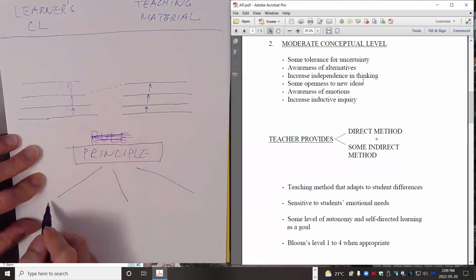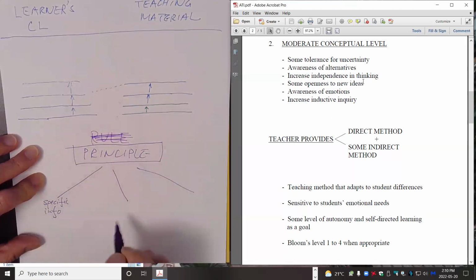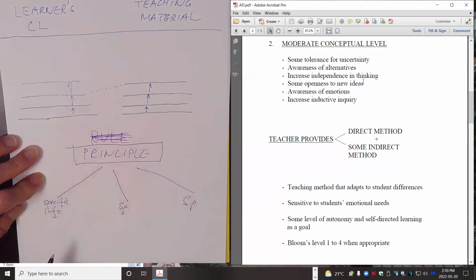Say you have one specific piece of information regarding the principle, then also here specific information, right?